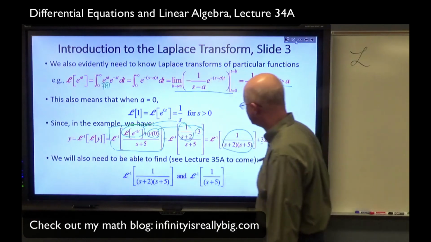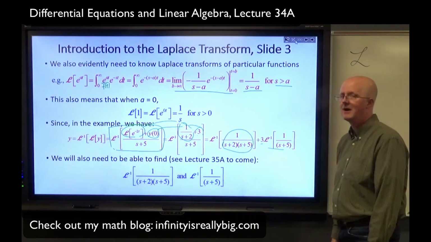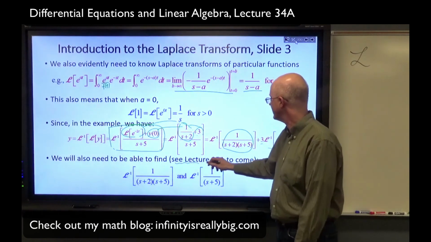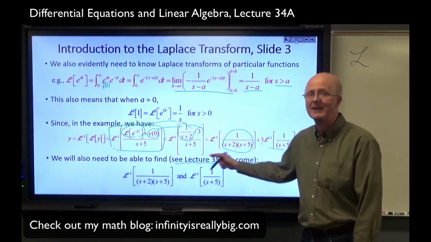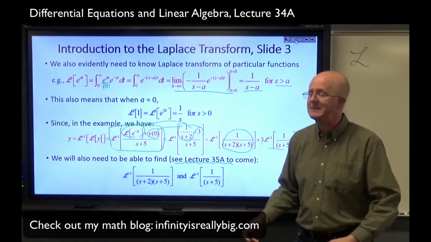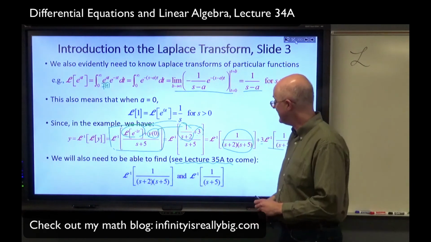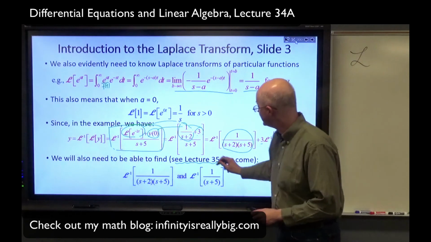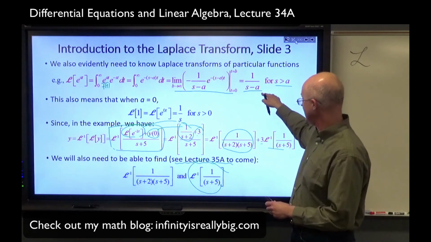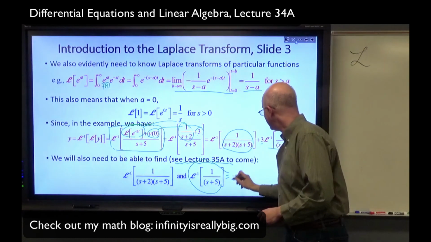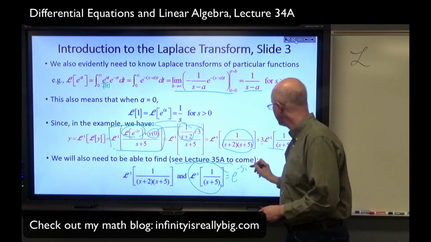So we would need to find these inverse Laplace transforms. I'm not doing that here in lecture 34A, we'll do it in lecture 35A. But if I can find those, then I would be done. Is finding these inverse things easy or hard? Well, this one's easy. In fact, look up here. You're going to go backwards, e to the negative 5t.